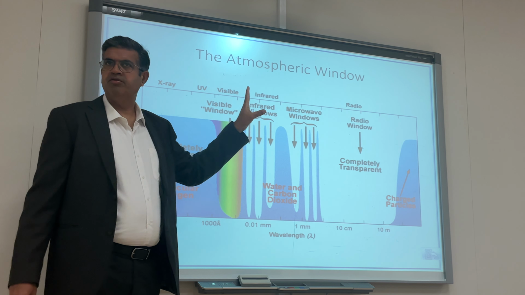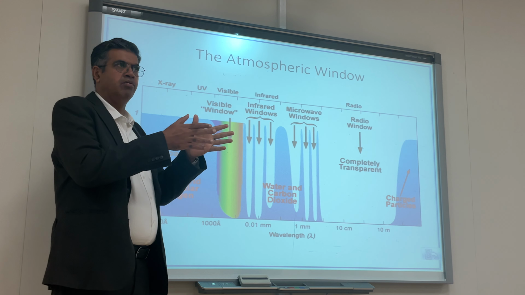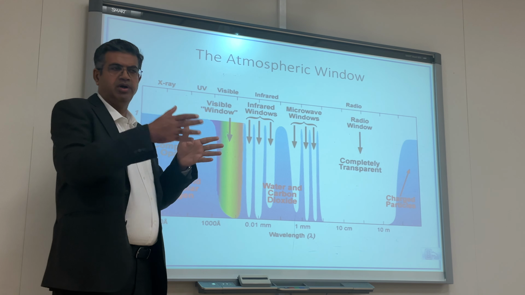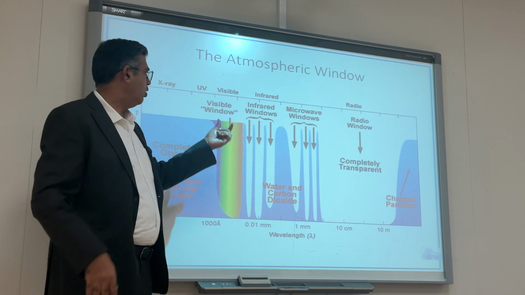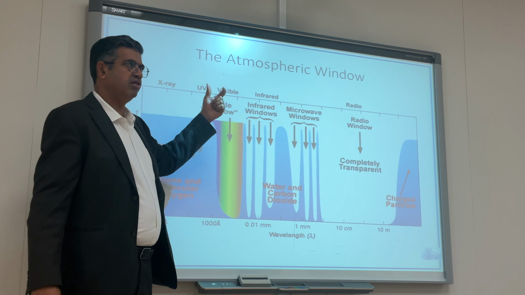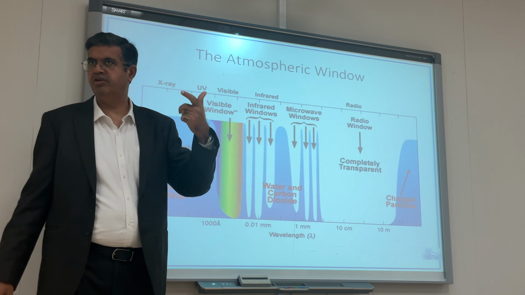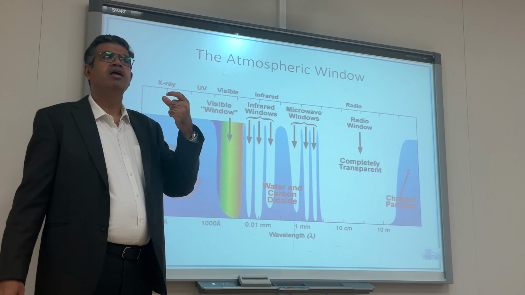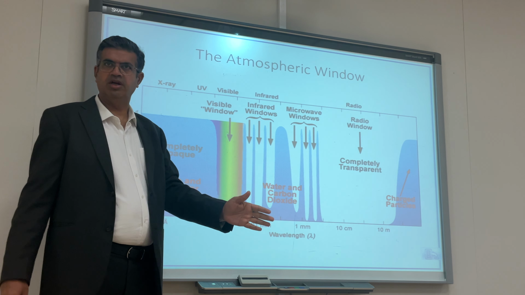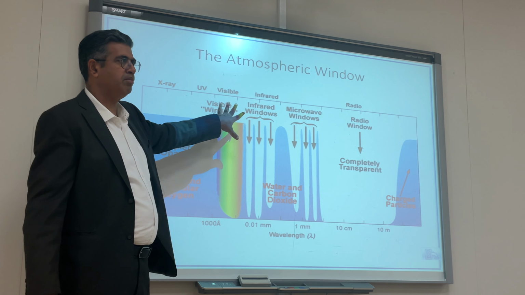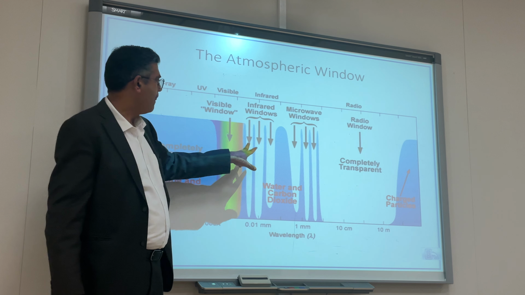All parts of the visible radiation, starting from 0.4 micrometers to 0.7 micrometers, from violet to red, all the radiations which we can see with our eyes are completely transparent. That means they can pass through the Earth's atmosphere. They are a part of the atmospheric window.